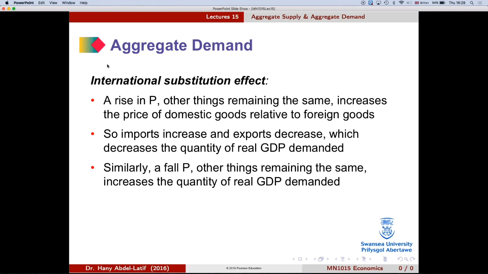So again, why does the aggregate demand look like the demand curve, a downward-sloping demand curve? These are the two reasons: the wealth effect and the substitution effects.